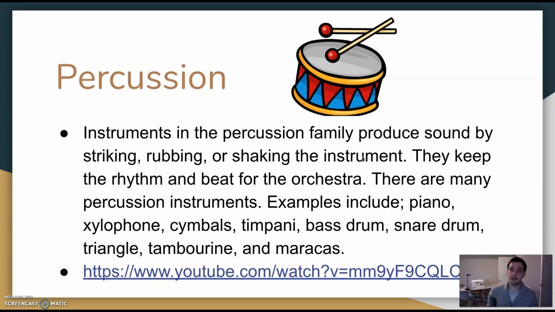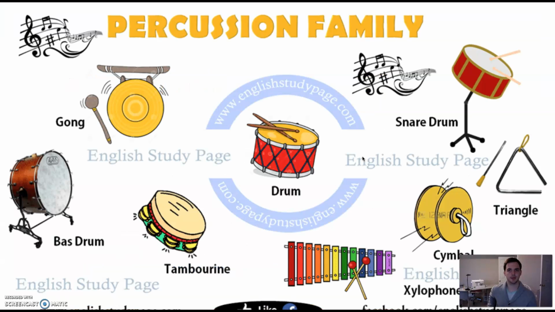The biggest way to identify them is if you can bang, rub, or shake to produce the sound. There's the gong, there's the drum, the xylophone, many different ones. It's very important to always remember about those three things when it comes to identifying the percussion instrument.